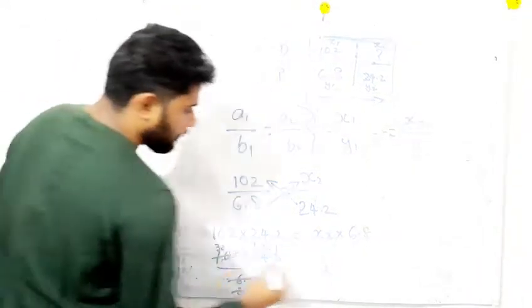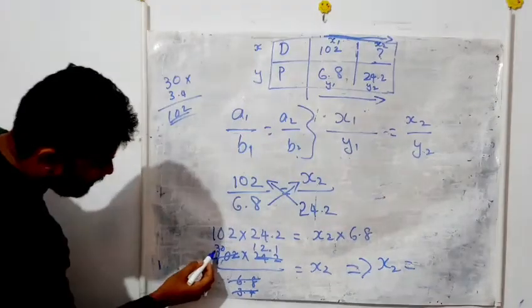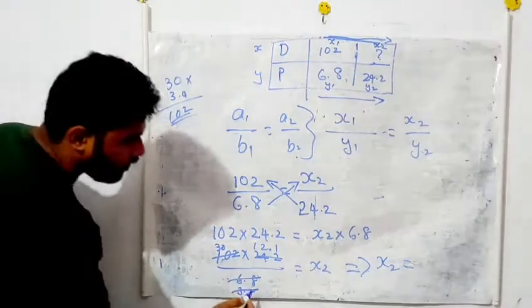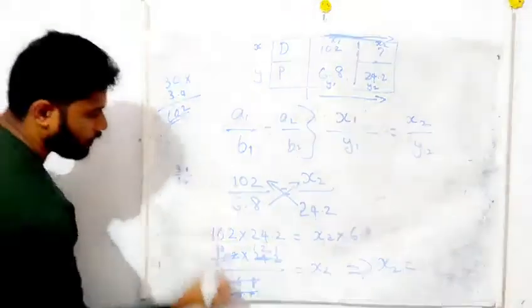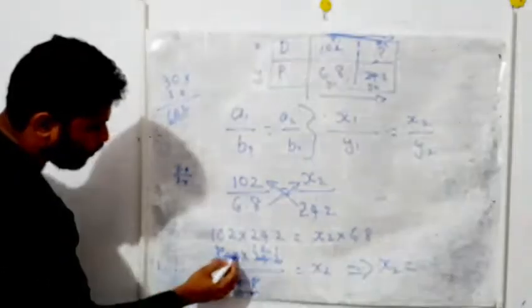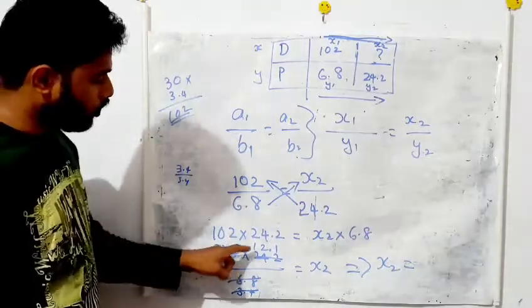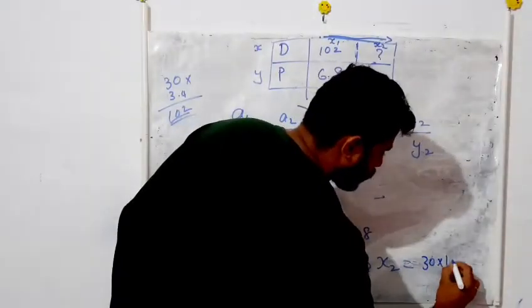The remaining thing, x2 is equal to what is remaining here? 30 is there, here 1. 3.4 divided by 3.4, you will get 1. 102 divided by 3.4, you will get 30. Clear? 30 into 12.1, how much will you get?